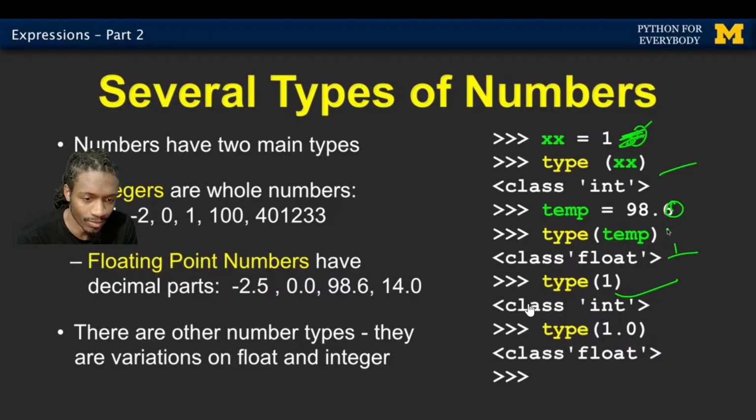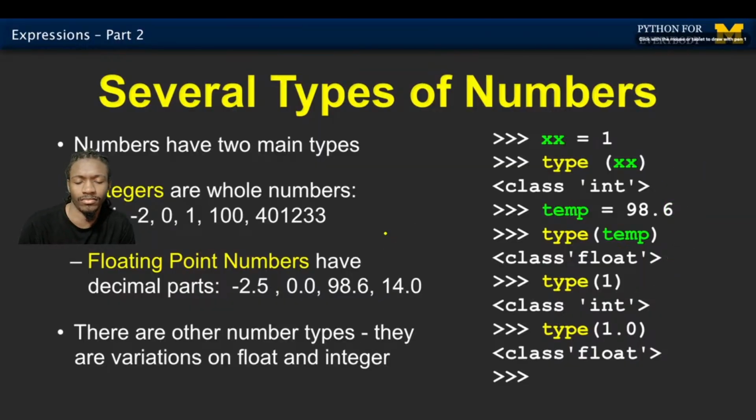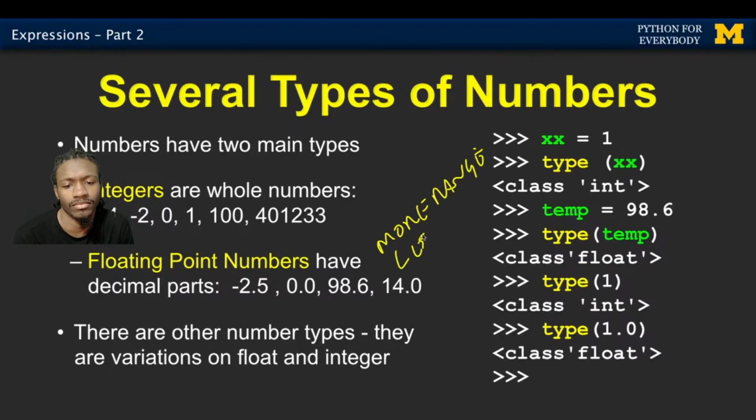Type 1. Class integer. Type 1.0. Class float. They are stored internally differently. Floating point numbers have a greater range than integer numbers, but they are not always as precise as integer numbers. So floating point numbers have more range and less precision.